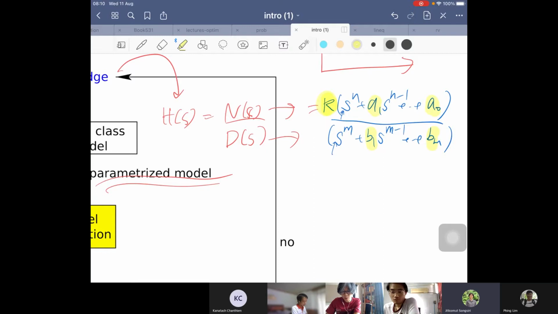In this example, your transfer function has what order?